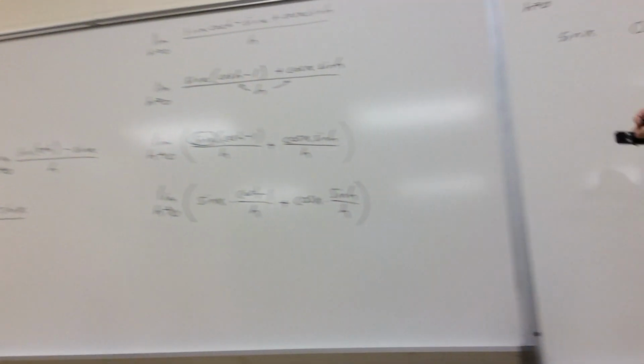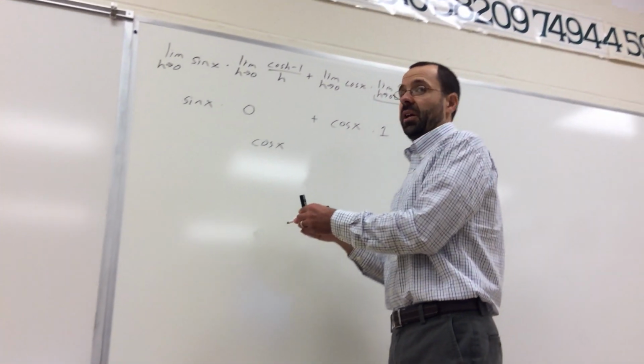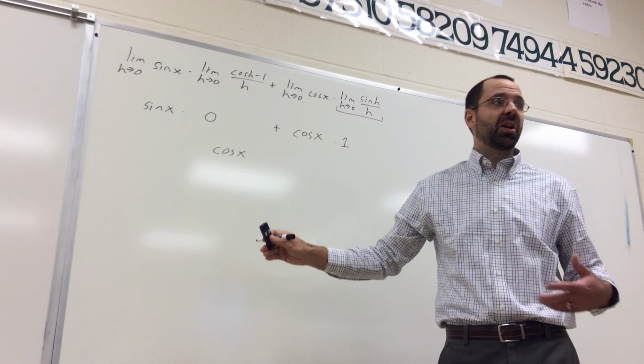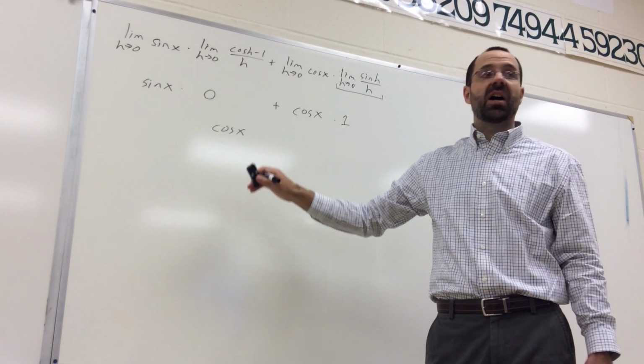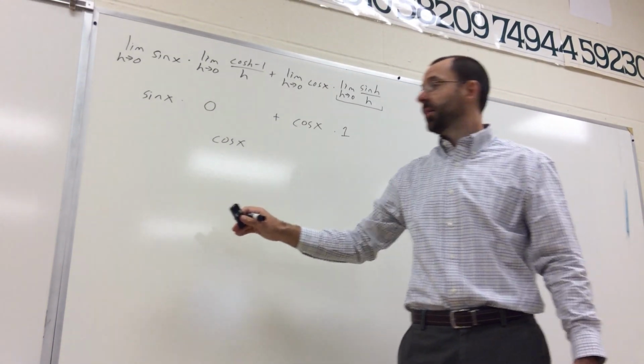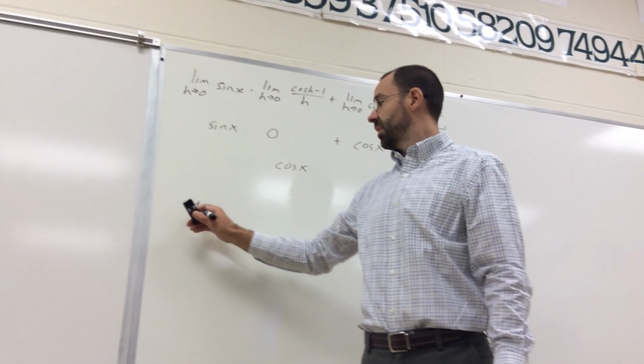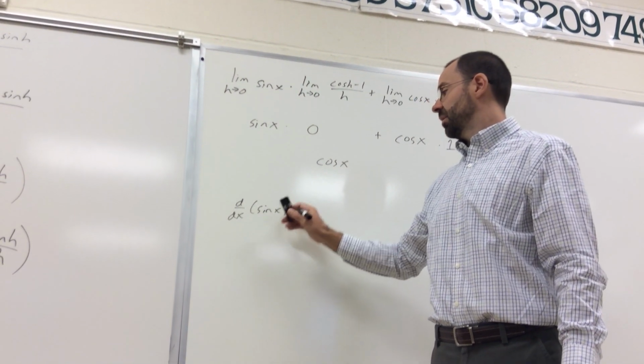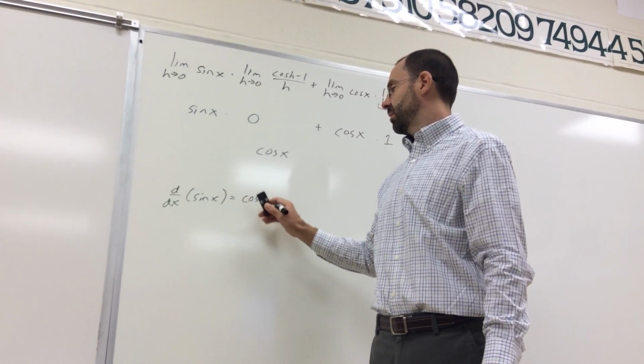Okay, so there's 5 other trig functions, and so we're going to write down the derivatives of those as well. But I'm not going to prove those like I did sine. I'm just going to ask you to believe me on that. Okay, so the derivative of sine, we've already written this one down, is cosine.